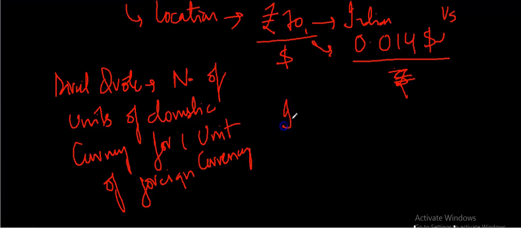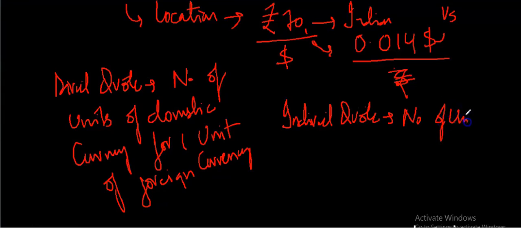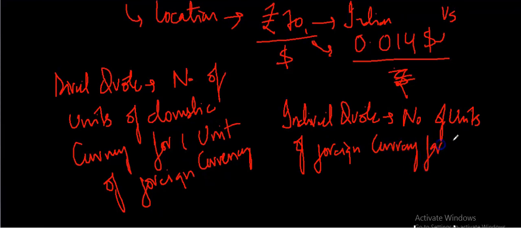While the indirect quote can be defined as the number of units of foreign currency for 1 unit of domestic currency.